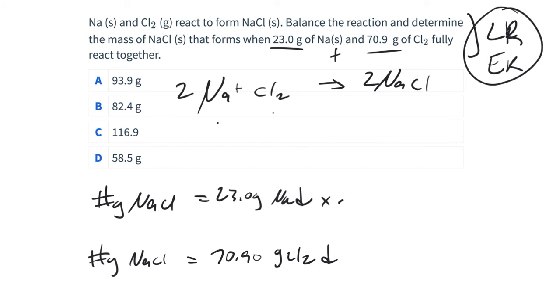So sodium is about 23.00 grams per mole. According to the reaction, for every 2 moles of sodium, we produce 2 moles of NaCl.